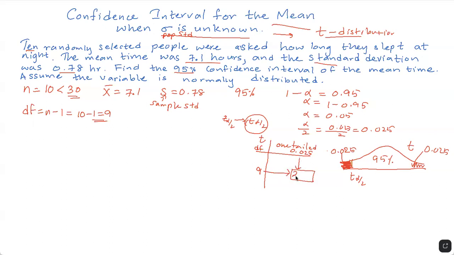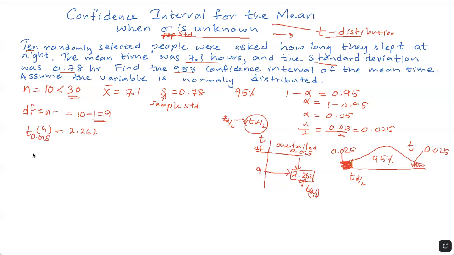This number is 2.262. So this is your t value corresponding to alpha over 2 probability. That is, t alpha over 2 at 0.025 with degrees of freedom 9 is 2.262.